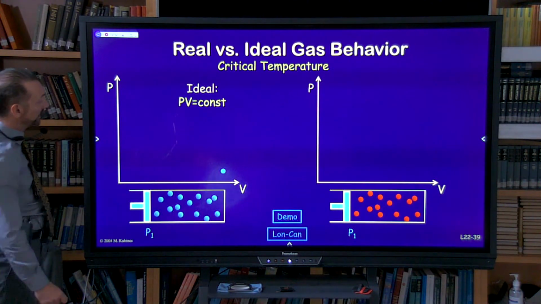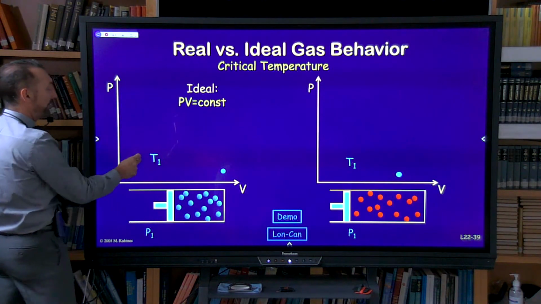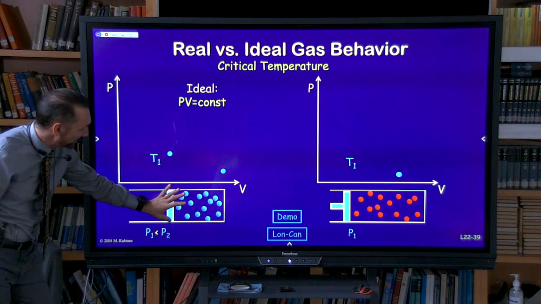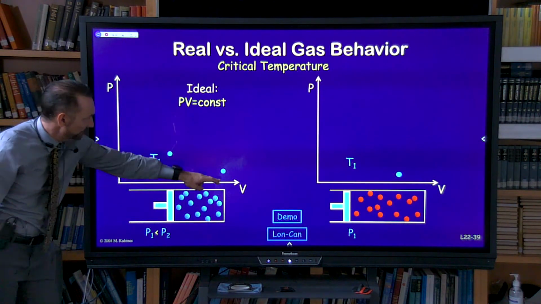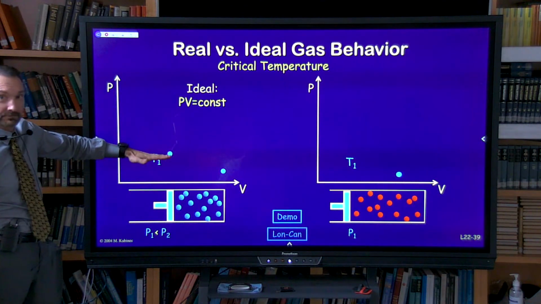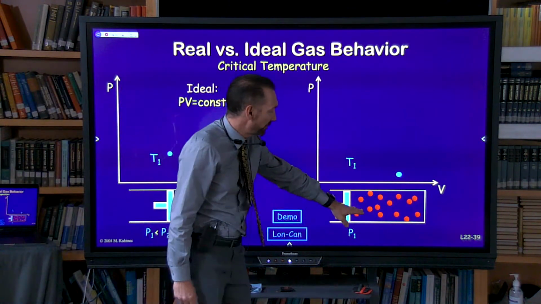So we can say, if we take a real gas, we plot pressure versus volume for a given temperature. If we decrease the volume, squeeze that, the pressure goes up. So we have that from the ideal gas law. Here I'm going to plot it for a real gas.